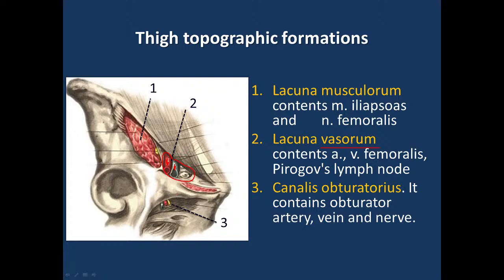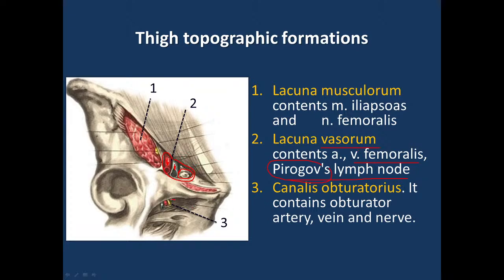It contains the femoral artery and vein, and also a small but interesting lymph node with the name of Great Pirogov. Professor Pirogov was a famous anatomist and surgeon in the 19th century.